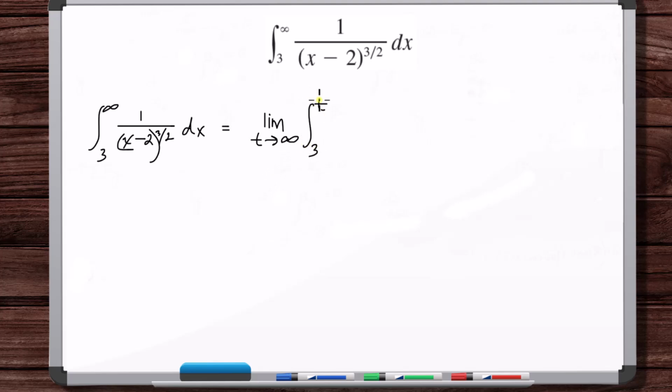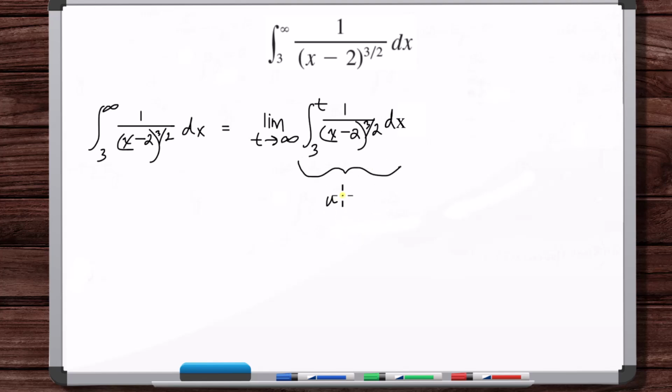So the upper limit is t, and then we take the limit as t goes to infinity. Okay, so we first need to solve this.